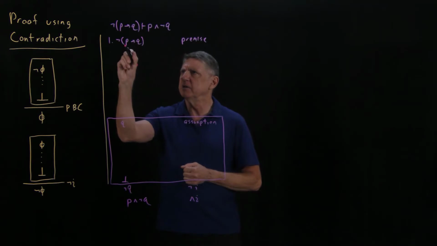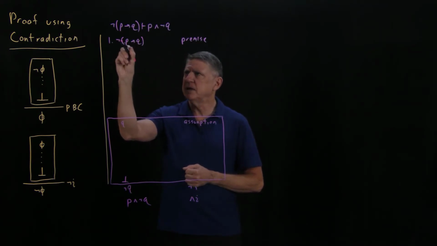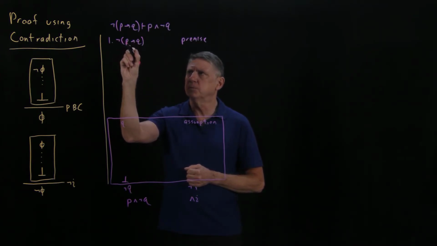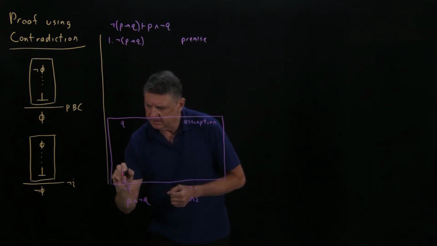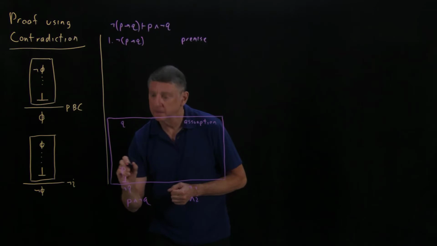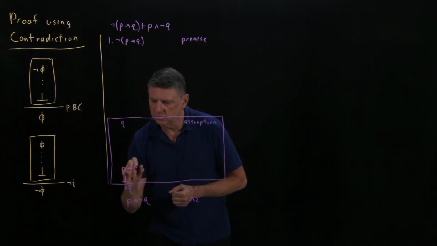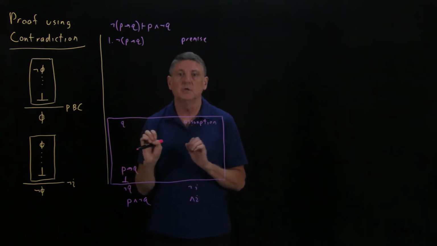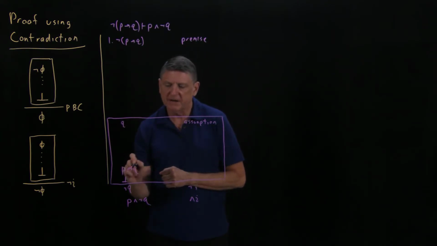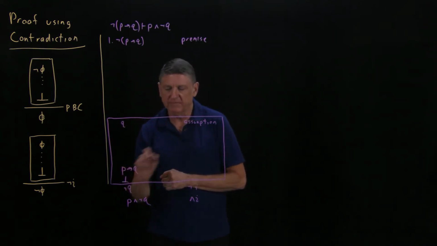The only other thing I could do is write the unnegated form of the premise. So if I could show that P implies Q within this assumption box, not in general, just within this assumption box, then I could arrive at my contradiction.